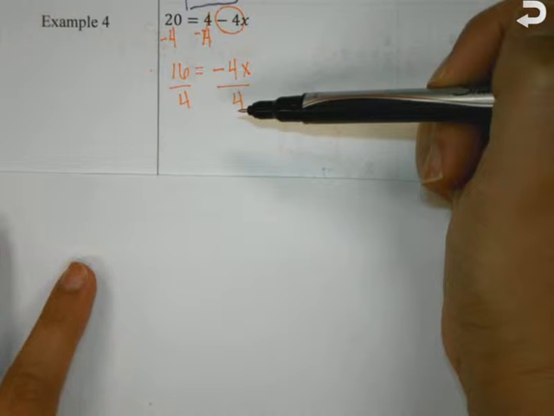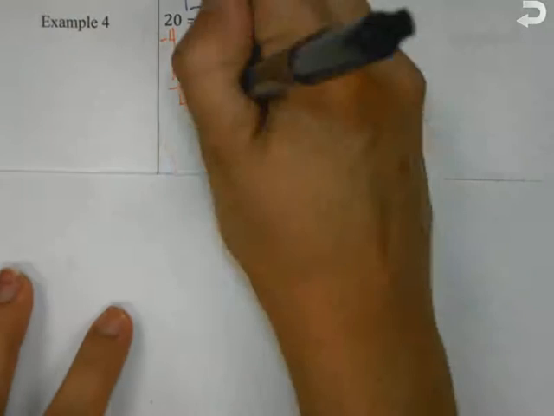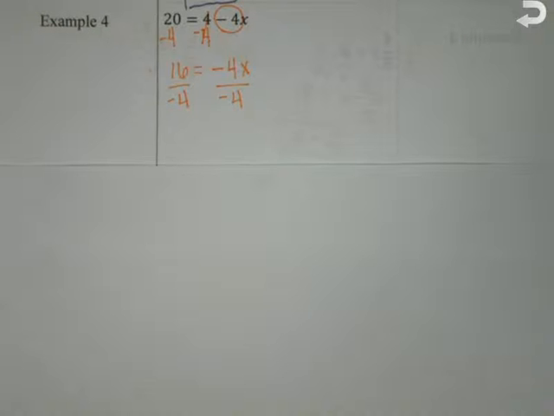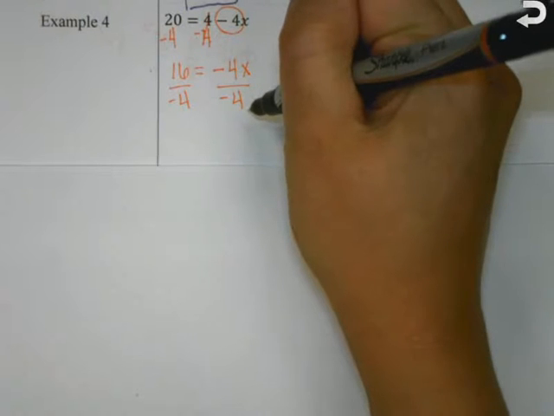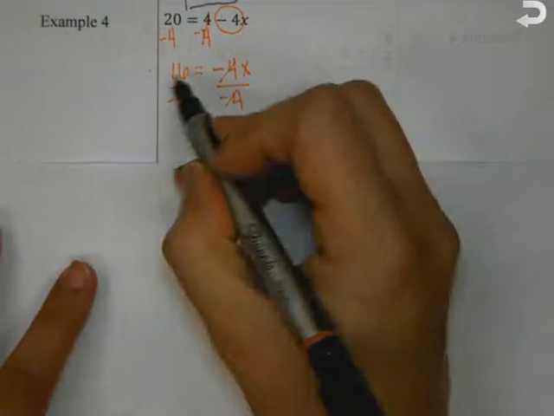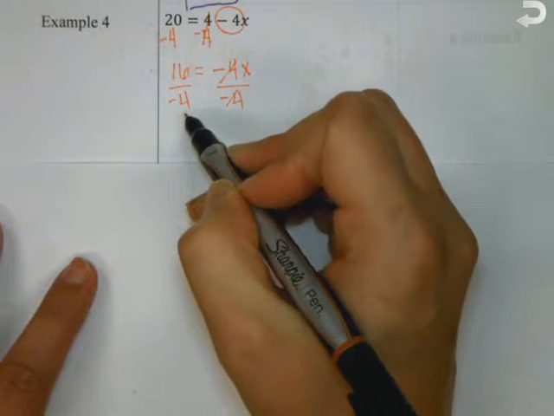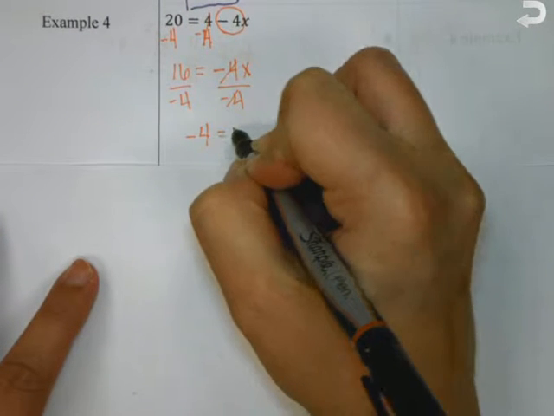We want it to be a positive 1, so I'm going to divide by, any guesses? Negative 4. So you're just going to divide by the same thing, negative 4. Okay? So negative divided by negative is a positive 1, so those are going to reduce. So what is positive 16 divided by negative 4? Negative 4. So we get negative 4 equals x.